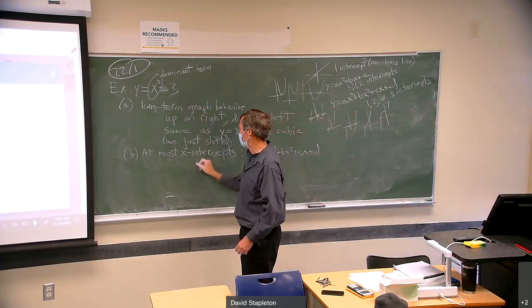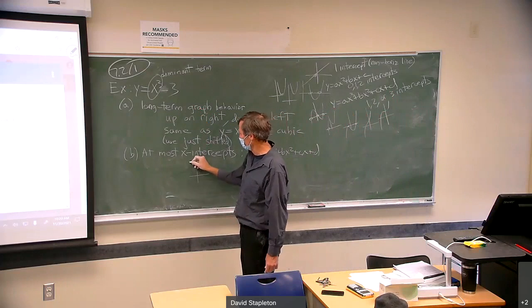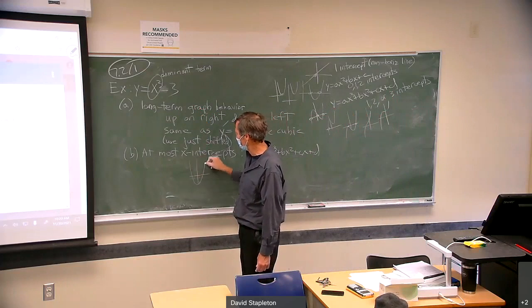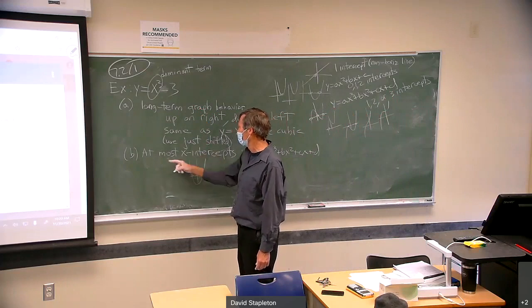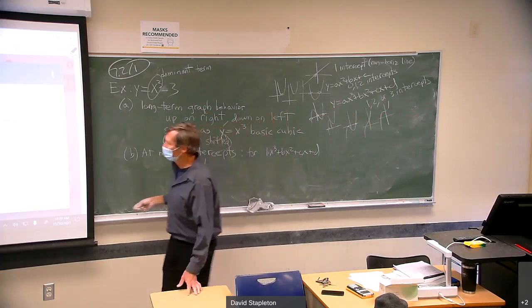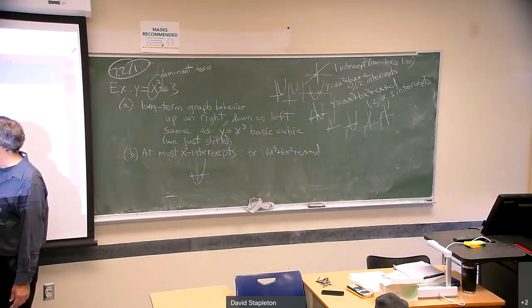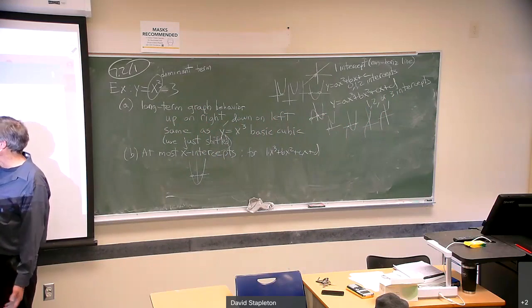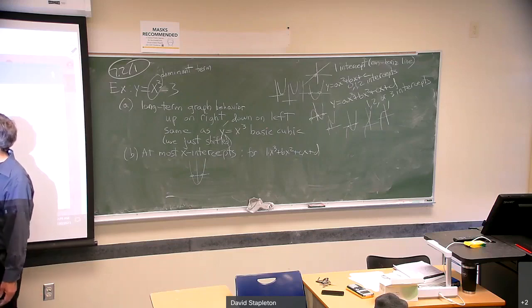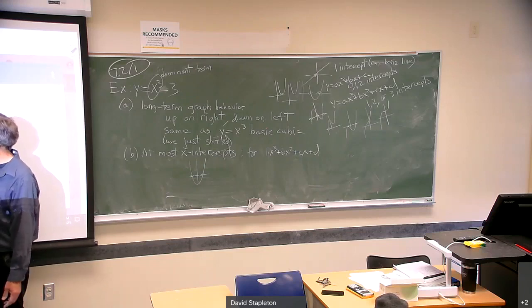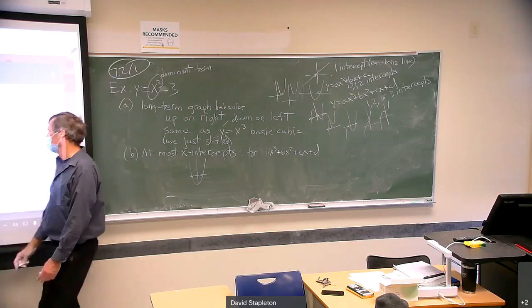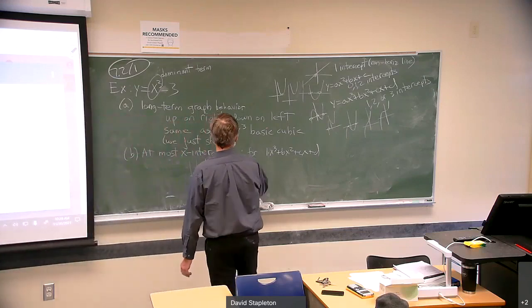This one we know has exactly 2, right? y equals x cubed minus 3 is the y equals x cubed shifted back down. So it has 2. But when it says the graph has at most how many x-intercepts, the answer is 3, because they're talking about a generic cubic, not this specific one. So we'll say 3 for that answer.